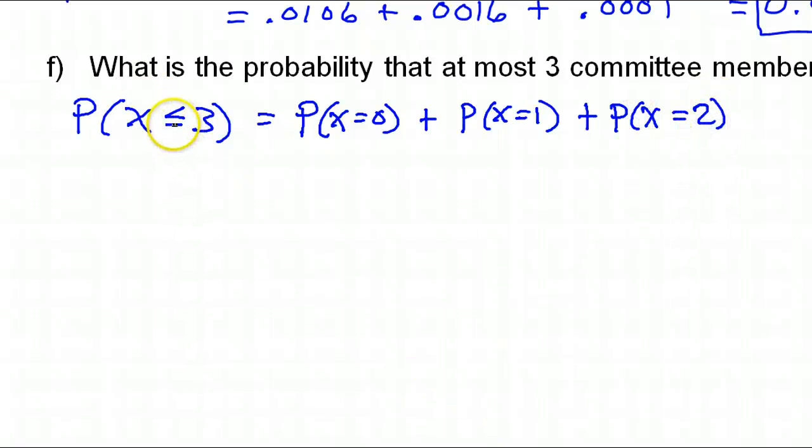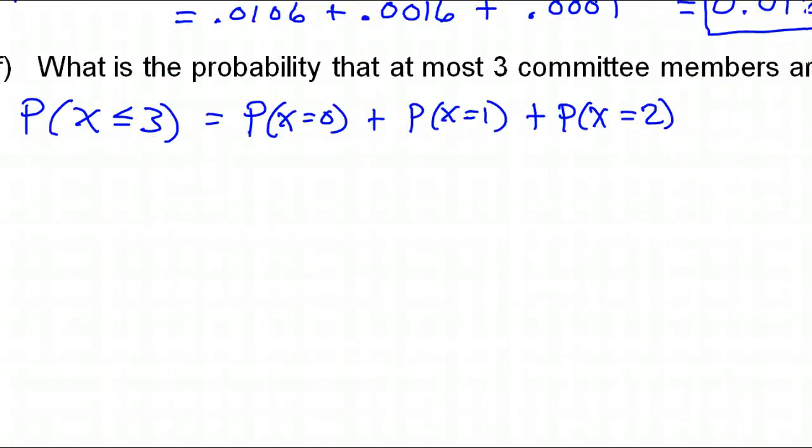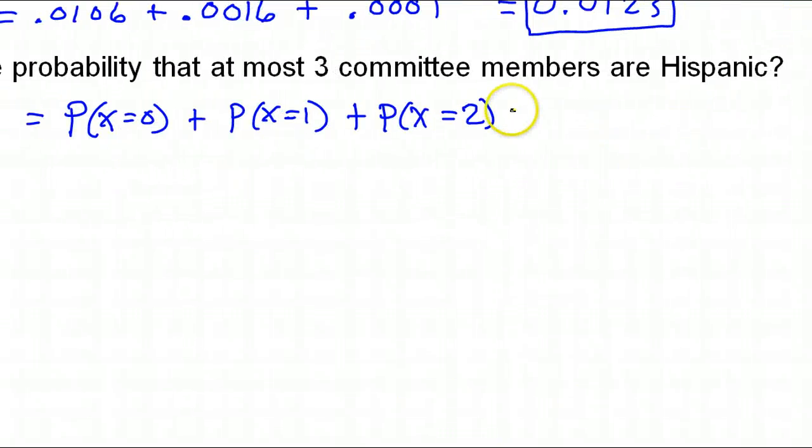And because it says less than or equal to 3, I'm going to throw in plus the probability that x equals 3. I don't need to calculate anything. They're on the table. I just need to write them down.